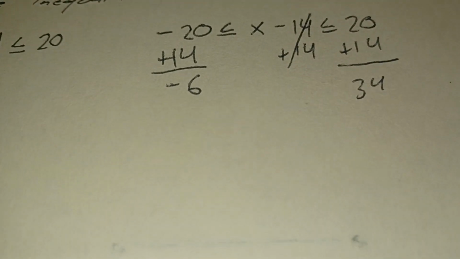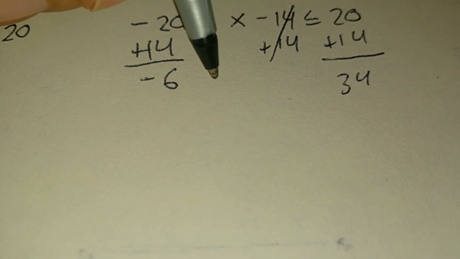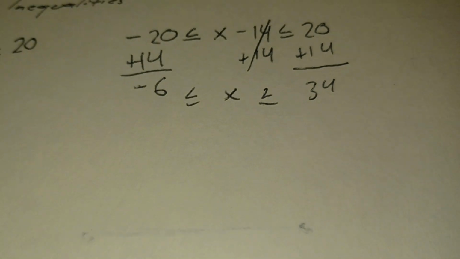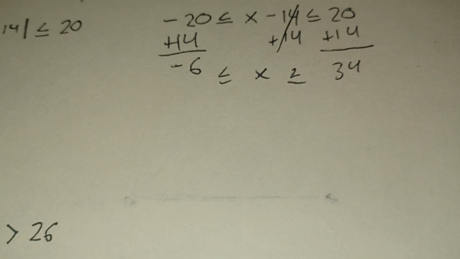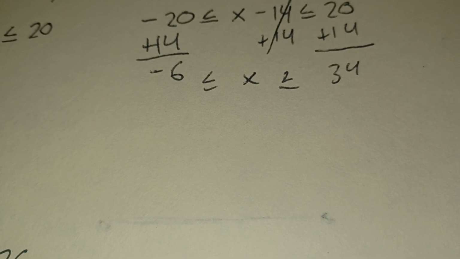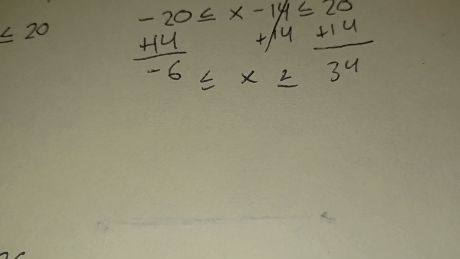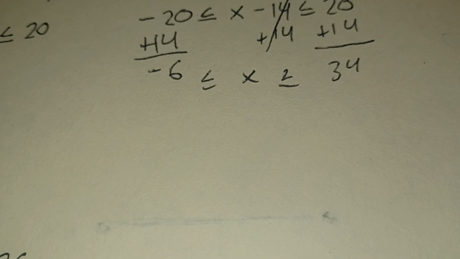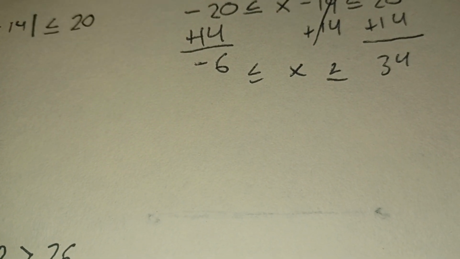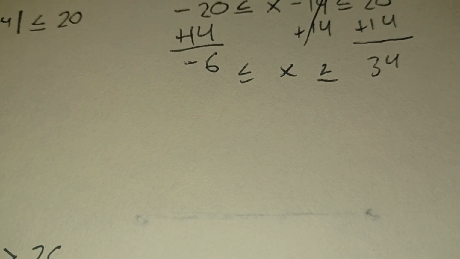So negative 6, and the x is by itself. We bring down the symbols. So negative 6 is less than or equal to x, and x is less than or equal to 34. This indicates that x is between these two values.